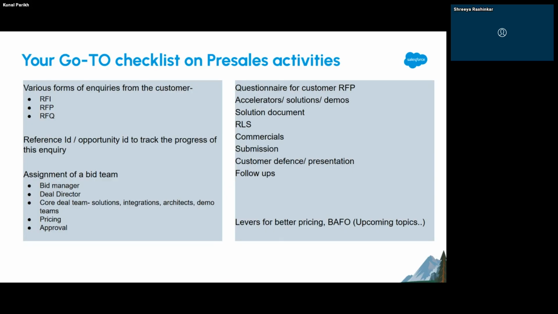So I hope that helps you to know the day in the life of what pre-sales does. And there are certain things I would want to talk about in terms of levers for getting the right pricing, or what a BAFO offer is, and how you go about it. I think those we can cover as part of the upcoming topics.